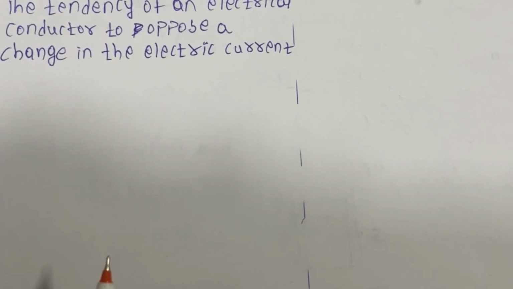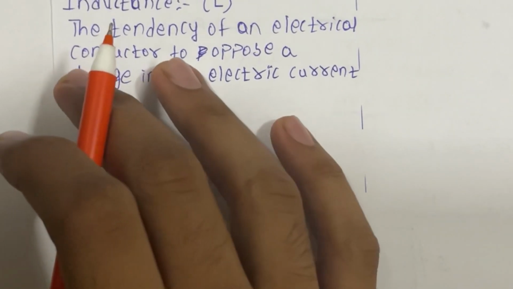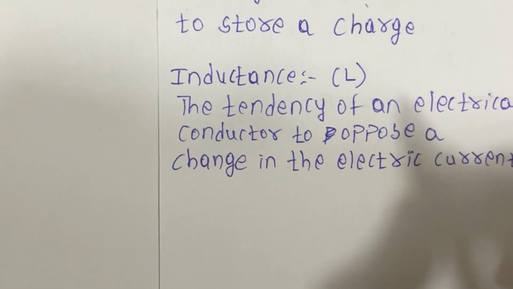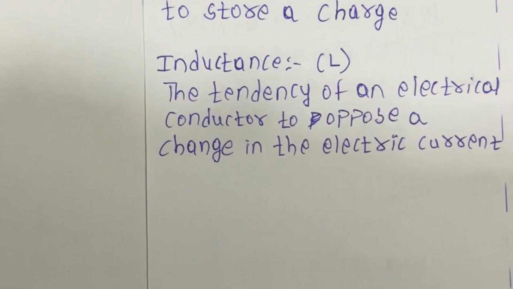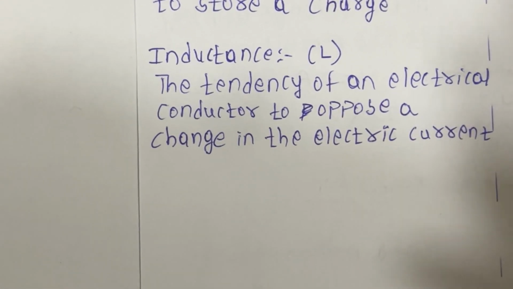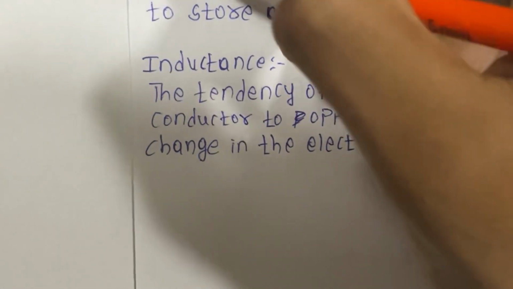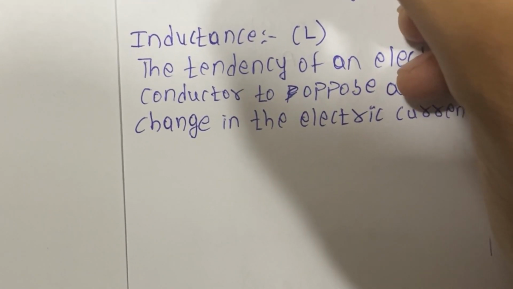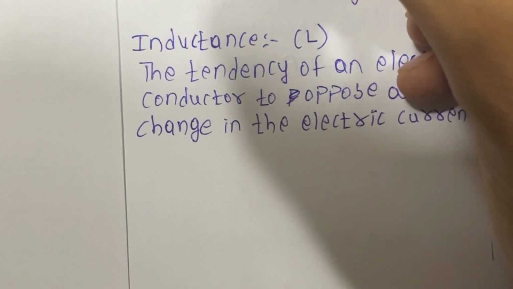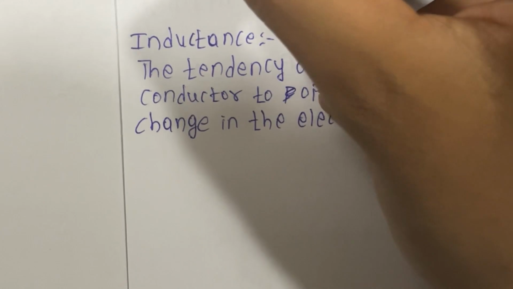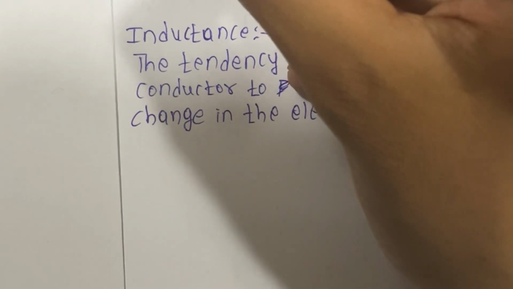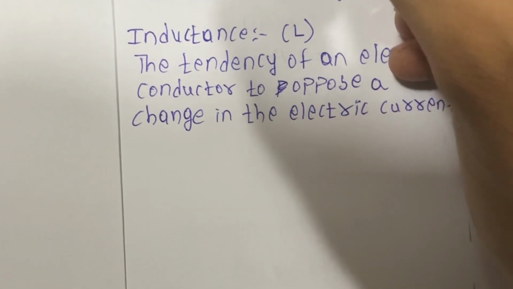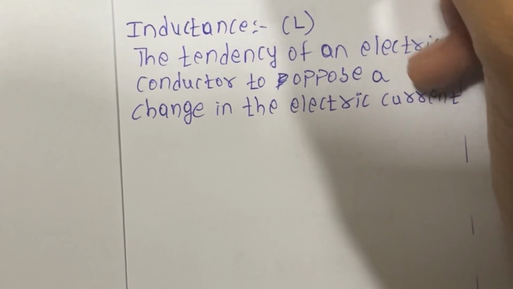The topic we are going to learn today is capacitance and inductance. We have learned resistance. What is resistance? Resistance is opposition to the flow of current. Capacitance is denoted by C, and its unit is F, that is farad.